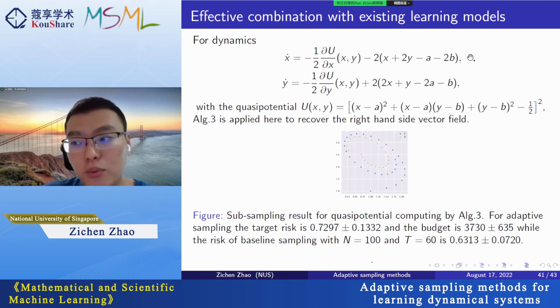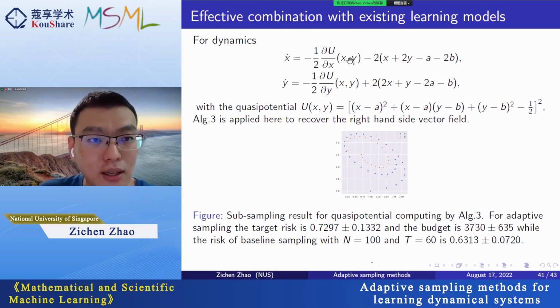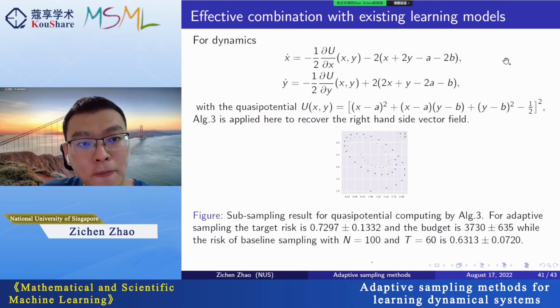Next, we want to show that our method can be efficiently combined with existing learning methods. So here we consider the dynamics with some quasi-potentials. And algorithm 3 is applied here to recover the right-hand side vector field.